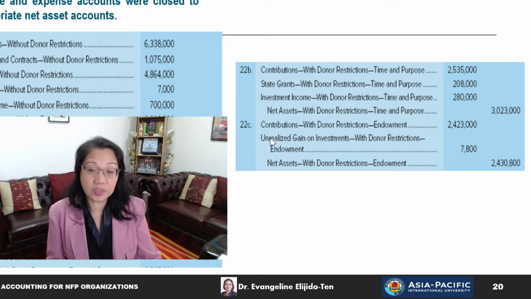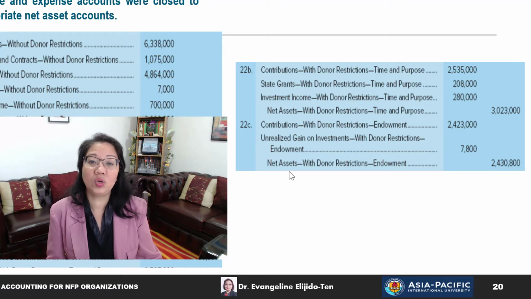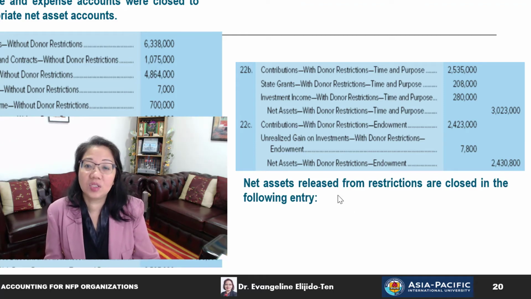In 22C, we are debiting contributions with donor restrictions endowment, debiting also the unrealized gain on investments with donor restrictions endowment, and our credit is to net assets with donor restrictions endowment for the total amount. Finally, net assets released from restrictions are closed.